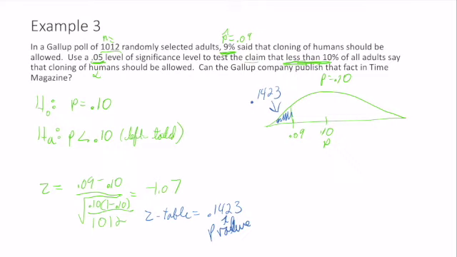It's 0.1423. Now, 0.1423 is not less than our significance level of 0.05. So in this case, again, we do not reject H naught at the 0.05 significance level.